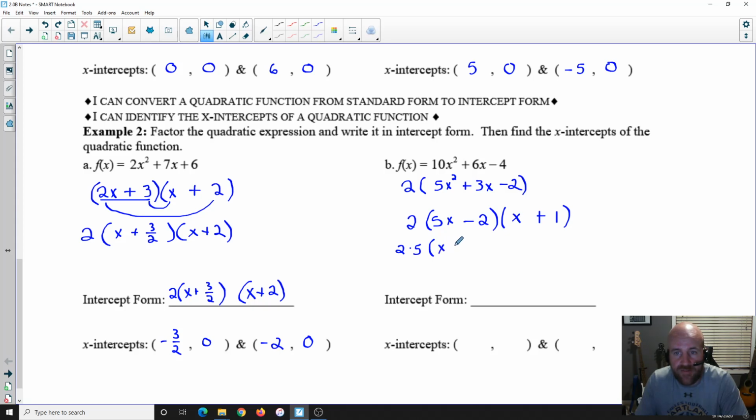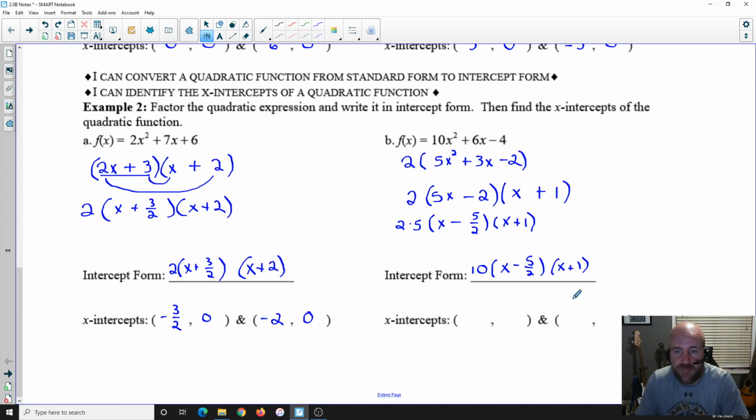So I'm dividing a 5 out of here. So that leaves us with 5/2, and then still an x plus 1 over here. And then the final intercept form would be an a value of 10, x minus 5/2, and x plus 1.